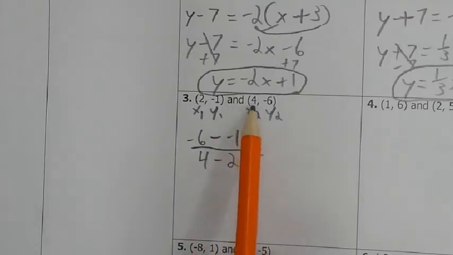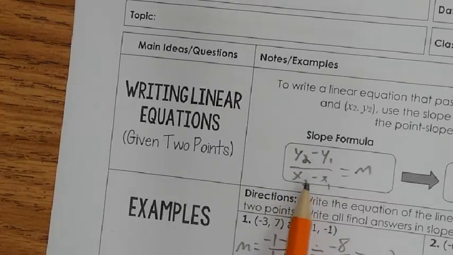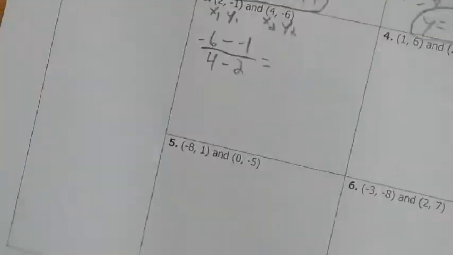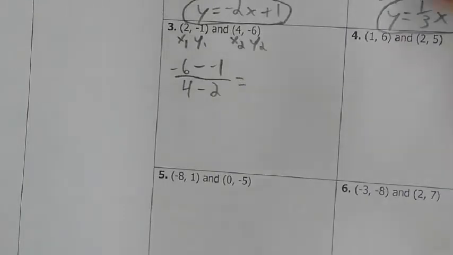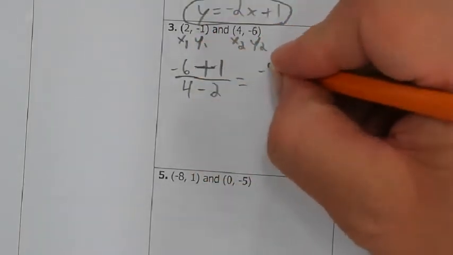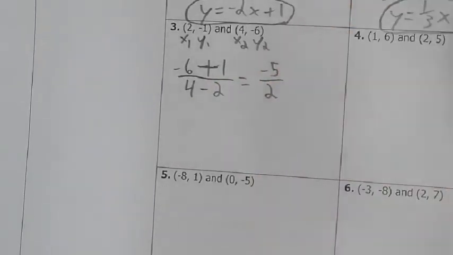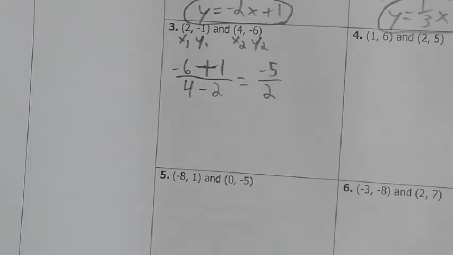Because it's a positive 4. What does this formula say in between these two? Minus and minus. So now you make that a plus. Negative 6 plus 1 is negative 5. 4 minus 2 is 2. And that cannot be simplified. So you stop there.